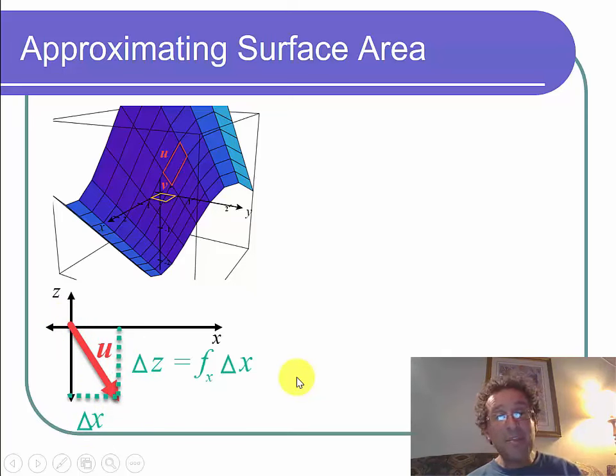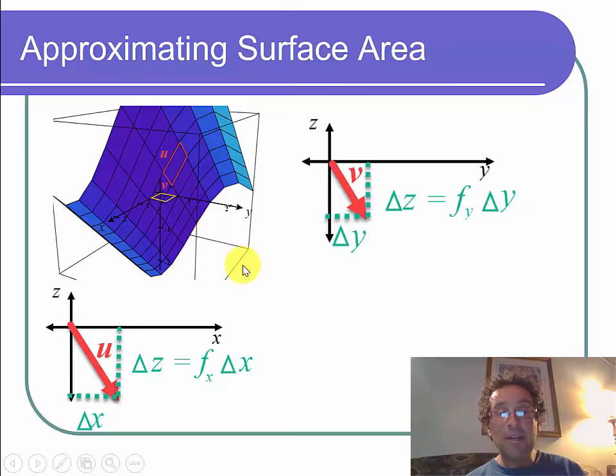We could do the same thing to find this vector v. Now we're taking this little y component, delta y, and we're going to lift this up onto the surface. What we get is our vector v, which is going to be in the yz plane. Its y component is going to be delta y, because we've lifted this delta y upwards.